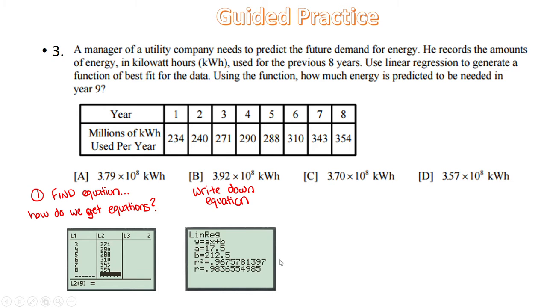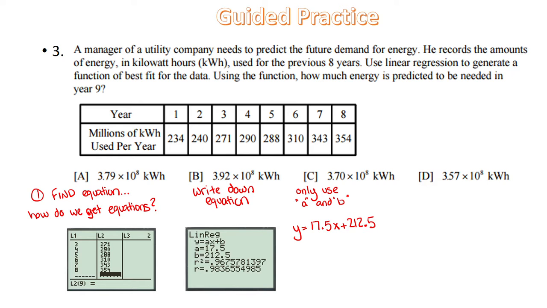Now, we still had our diagnostic on, so we see these extra numbers, but we're going to ignore r squared and r. We're just going to focus on a and b because that's what we need for our equation, because we're trying to fit our equation into ax plus b. So our equation is 17.5x plus 212.5.